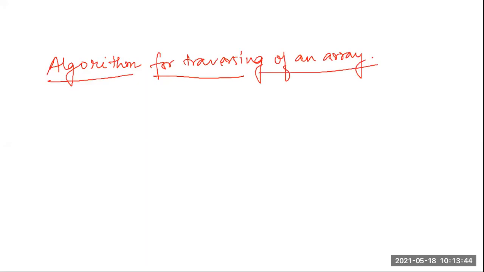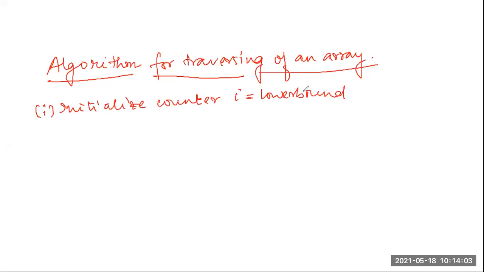So the first step was initialize the counter I is equal to lower bound, that is 0. Fine. The next step was our loop was running till I less than upper bound, right?